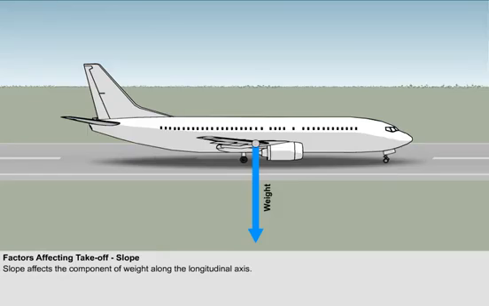Slope has an impact on the takeoff distance because of its effect on how the component of weight acts along the longitudinal axis of the aeroplane. Notice here that a stationary aircraft on a level runway has its weight acting straight downwards towards the center of the Earth.